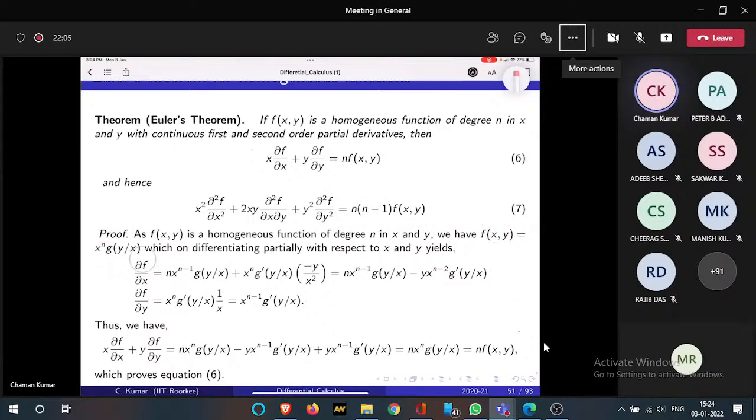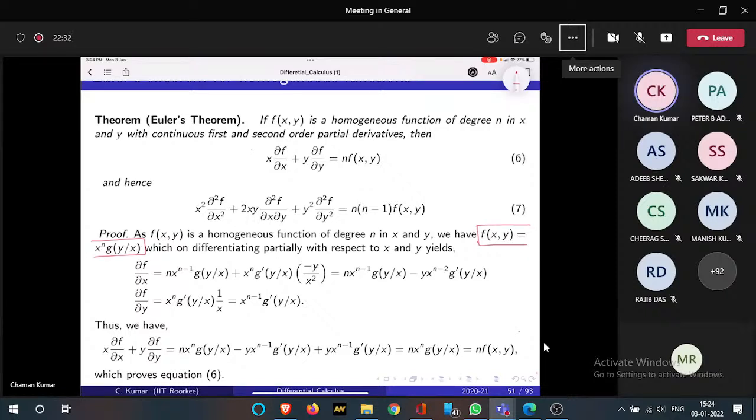Okay, so we are at this place. So we differentiate this with respect to the variable x. So obviously, this is a partial derivative, so you keep y as a constant and differentiate with respect to variable x. So you can apply the chain rule.